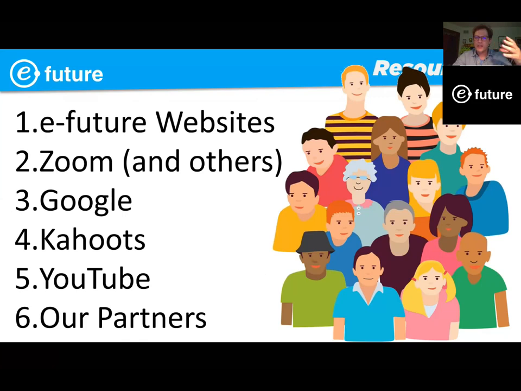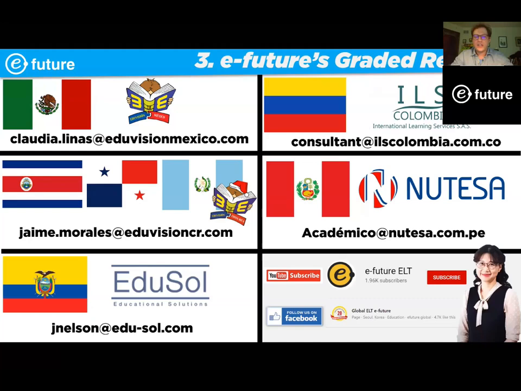All of these are very excellent resources that you can use to create effective, fun, and engaging online classes. So again, if you need any help, you have the partners, you have eFuture, and you have the internet. And all of this can really help you succeed in making a fun and easy online class using the graded readers.